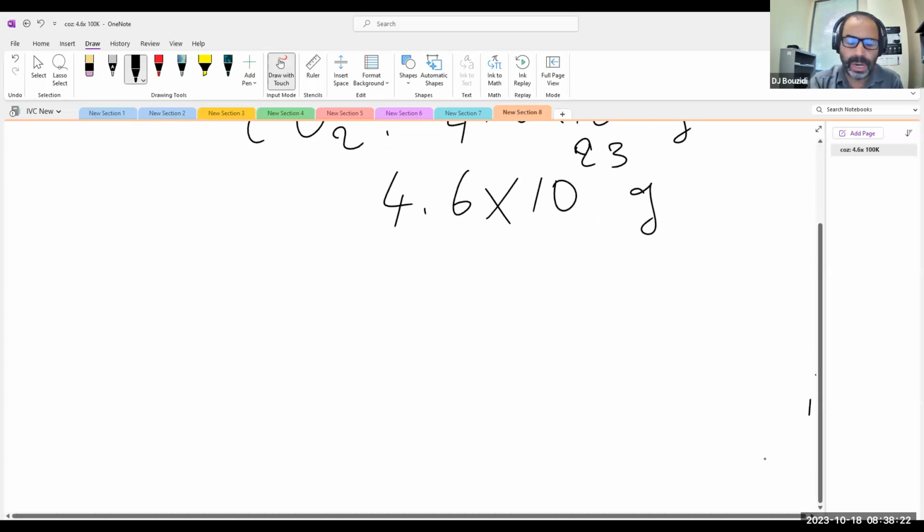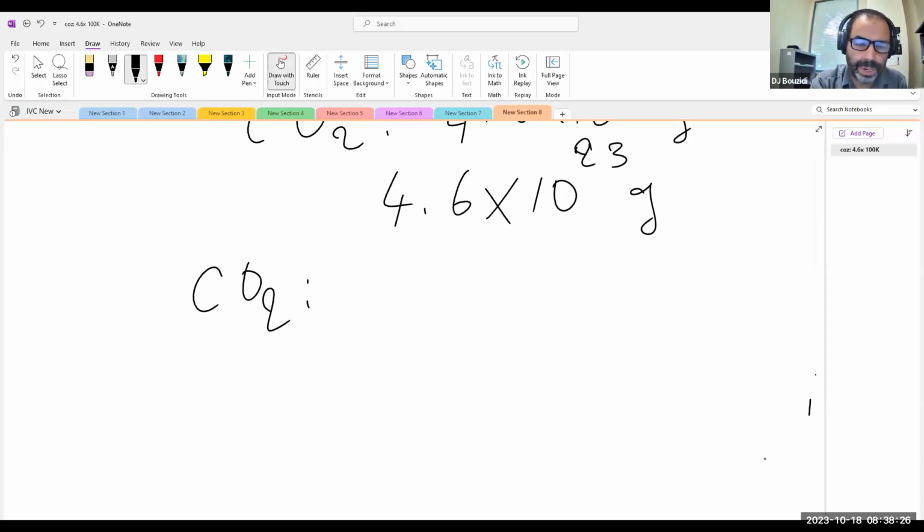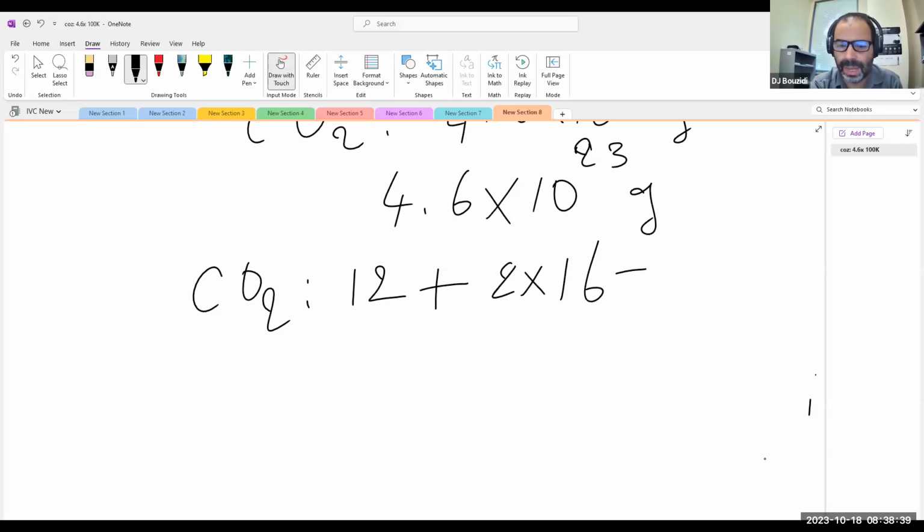Now, we know carbon dioxide has one atom of carbon, which is 12 grams, and two atoms of oxygen, which is 16 each. So that's 2 times 16, and if I do the math, that adds up to 44 grams per mole.